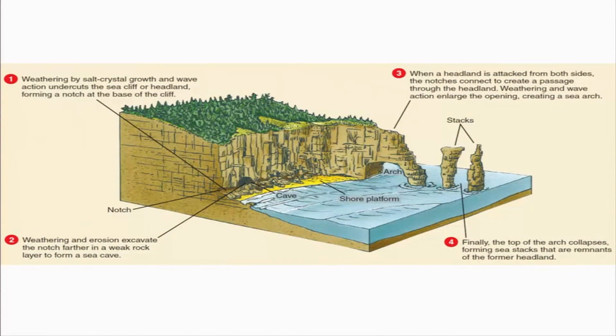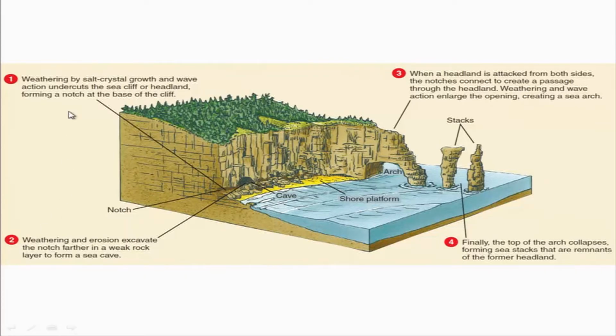This shows an example of sea cliffs formed because of erosion. Again, this is an erosional landform. Caves are also erosional landforms, and sea notches are also erosional landforms, and stacks which are isolated.